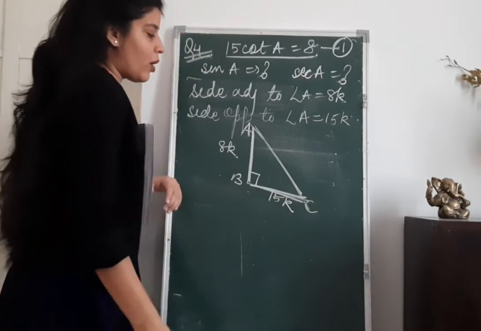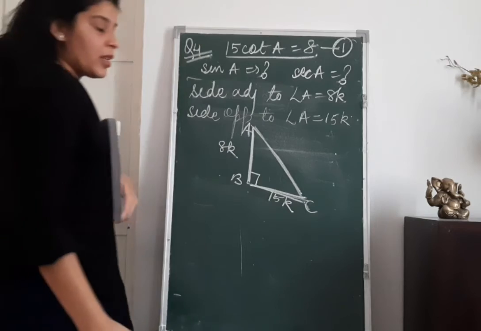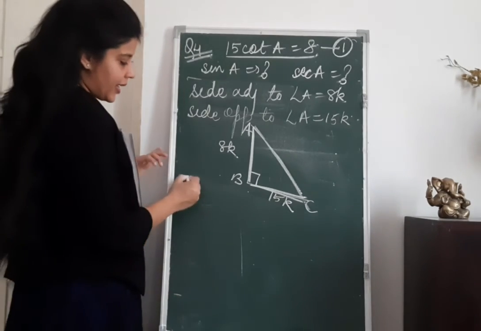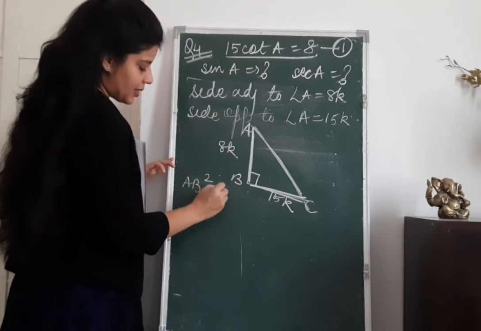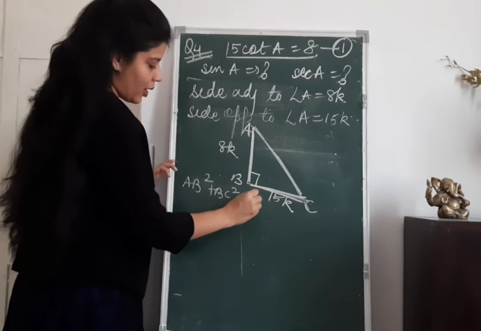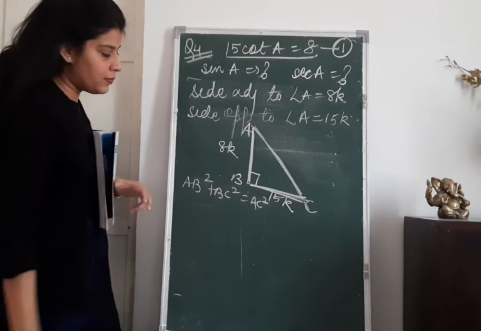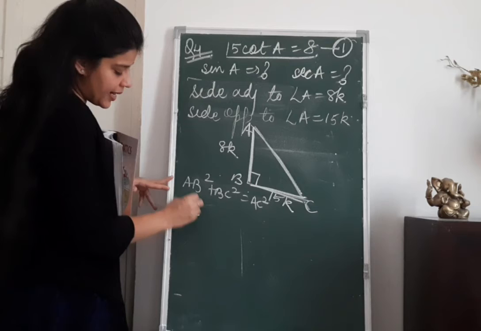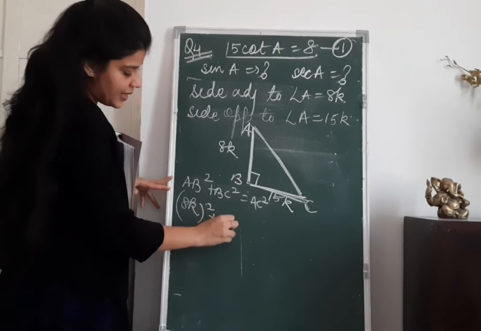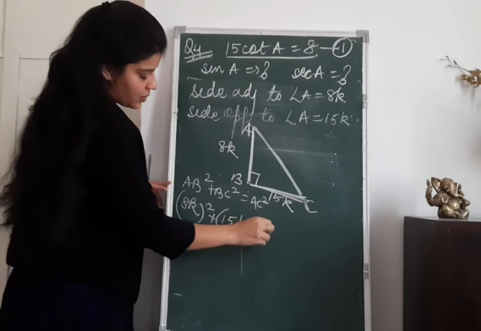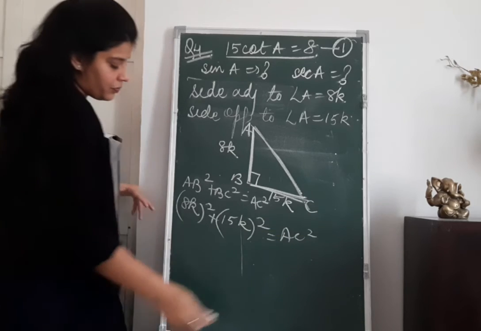Now I need to find out what? AC. Using Pythagoras theorem again, can I say AB square plus BC square is equals to AC square, where AB is 8k whole square, BC is 15k whole square, and AC square is something we need to find out.